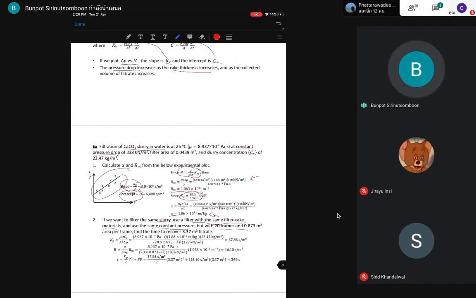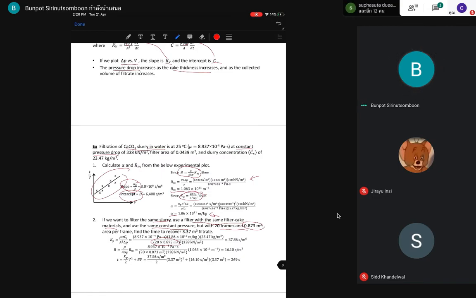Like before in question 1, they only use one filter, but this time they use 20 filters. So it means you're going to have more area to filter your feed. So your area is going to be 20 times this area here.